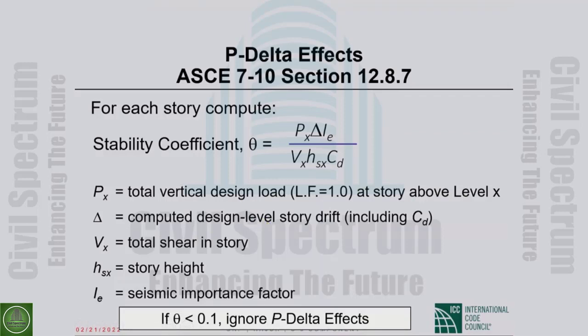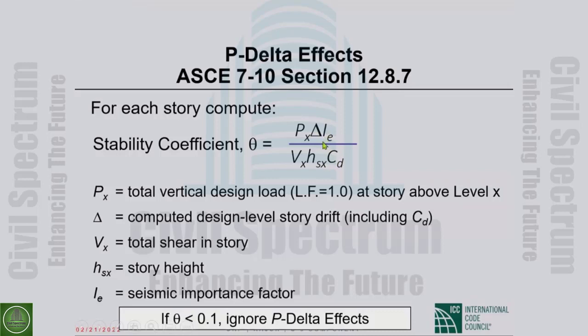In P delta calculations, we have historically taken elastic drift, not the drift including C sub d. So we take the C sub d out, we divide by C sub d.